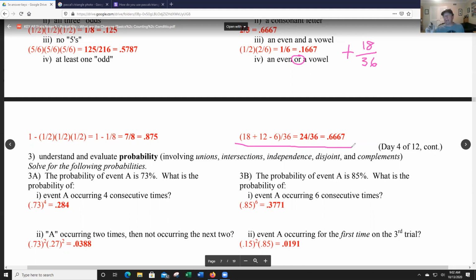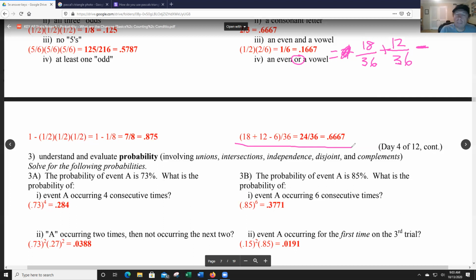There are 36 rolls of these 2 dice, 6 times 6. That's the counting principle. Half of those are going to be even. Now, a vowel, you're going to have 12 of those. I'm going to show you in a minute with sample space. But the answer is not 30 out of 36. We double counted some stuff, so we're going to subtract out the intersection.